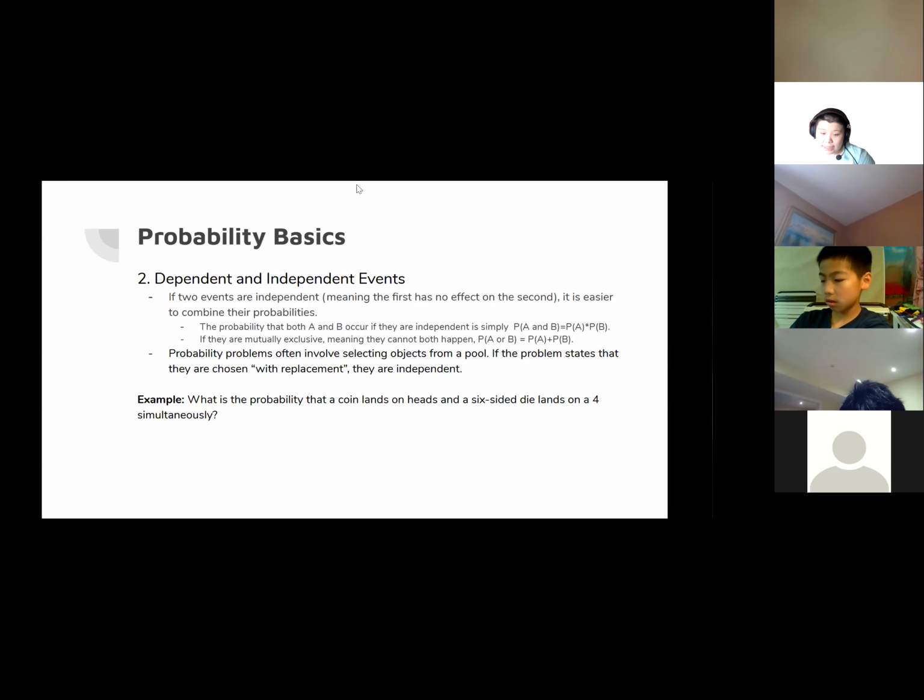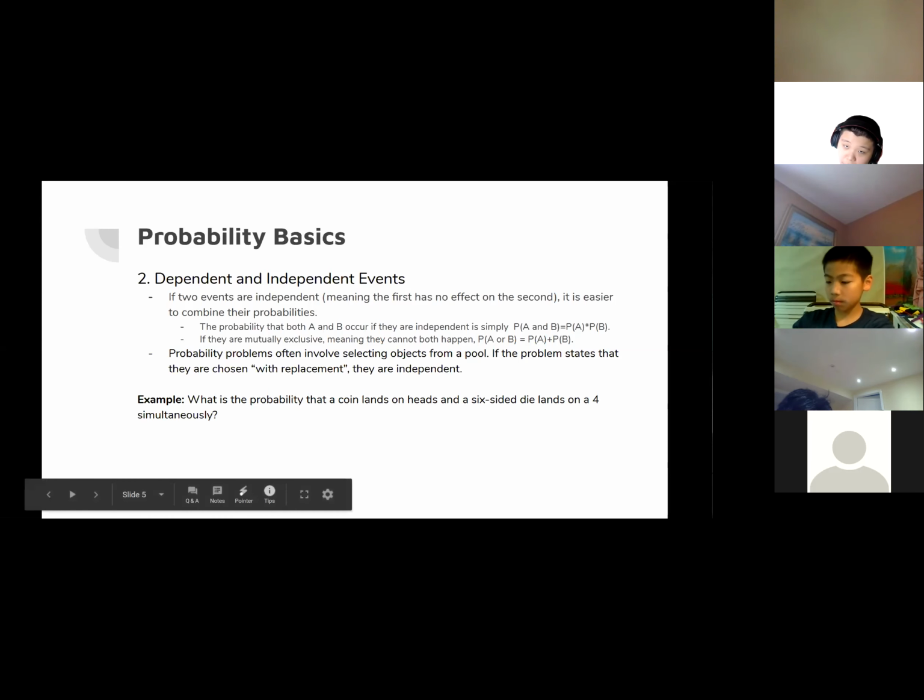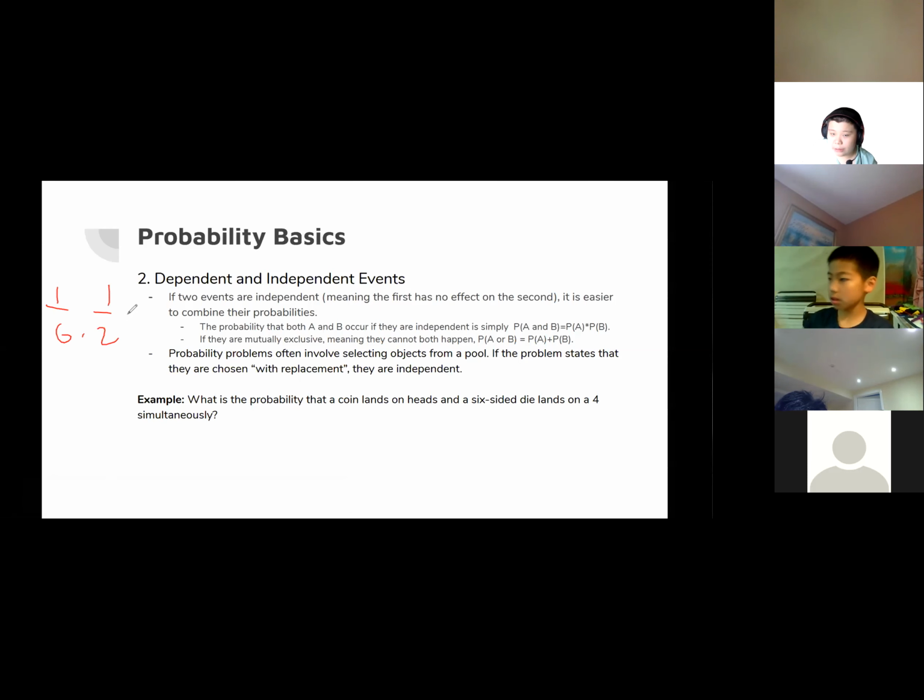Clearly, if I roll a die, that doesn't affect the probability that my coin is going to be a head. So in that case, it's pretty easy to combine the probabilities, because we just have to multiply them. There's a 1/6 chance that I roll a 1. There's a 1/2 chance that I get a heads, and you multiply them, you get 1/12.